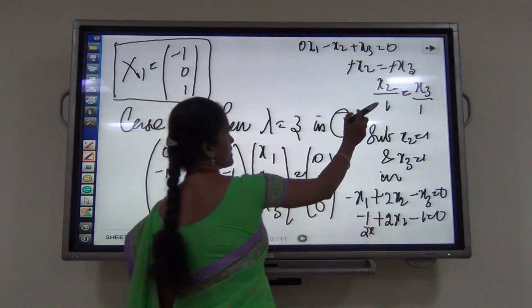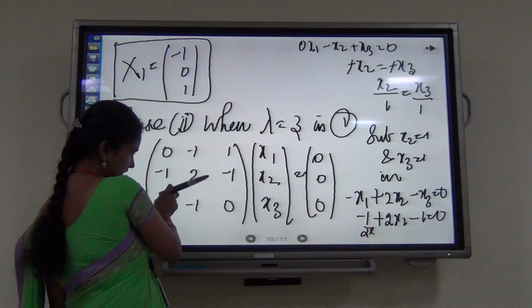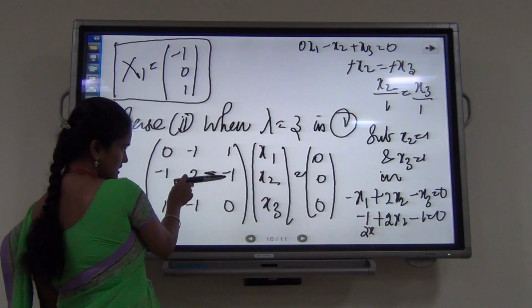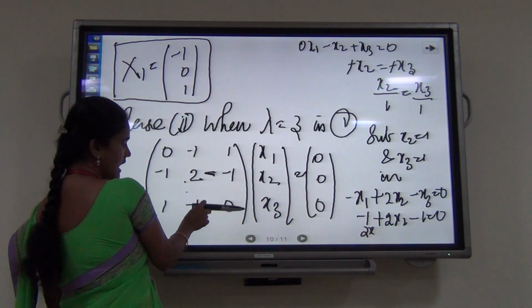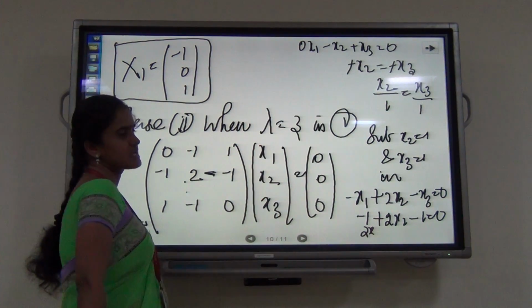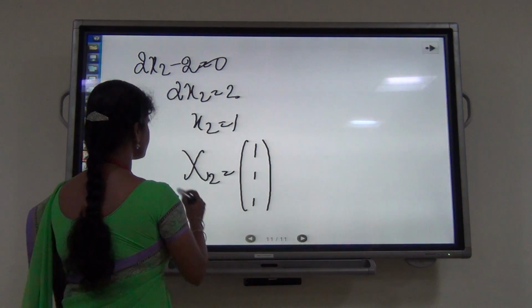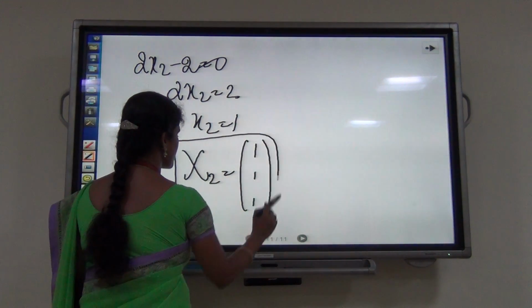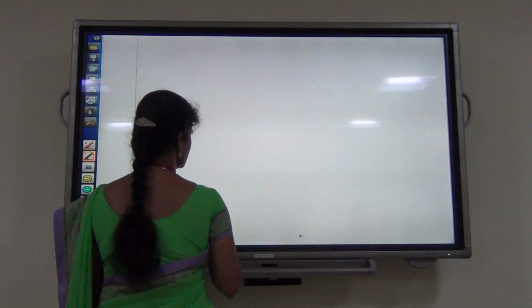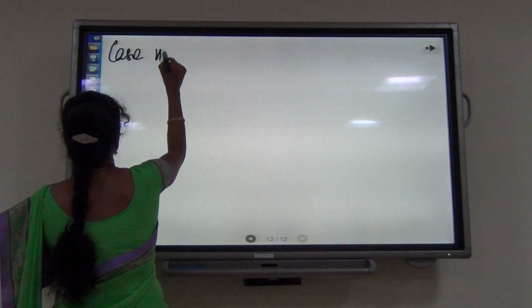By equating, I am able to get the x2, x3 values. Substitute the x2, x3 values either in this row or this row, and any equation you substitute, you will get the same result. So my X2 is 1, 1, 1. Let us calculate x3 now. Case 3.